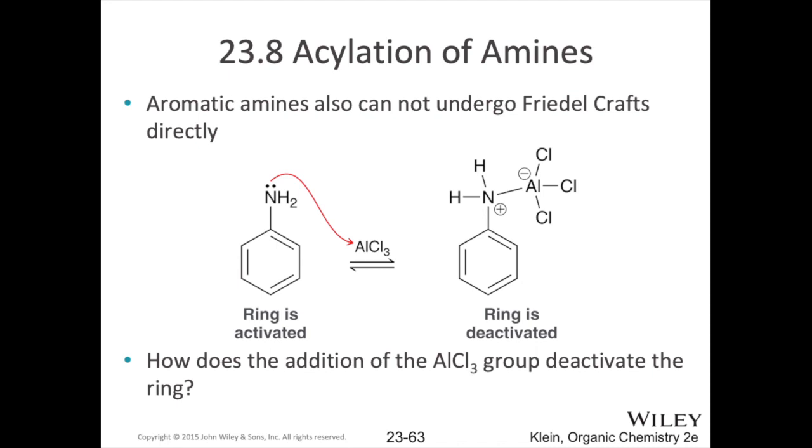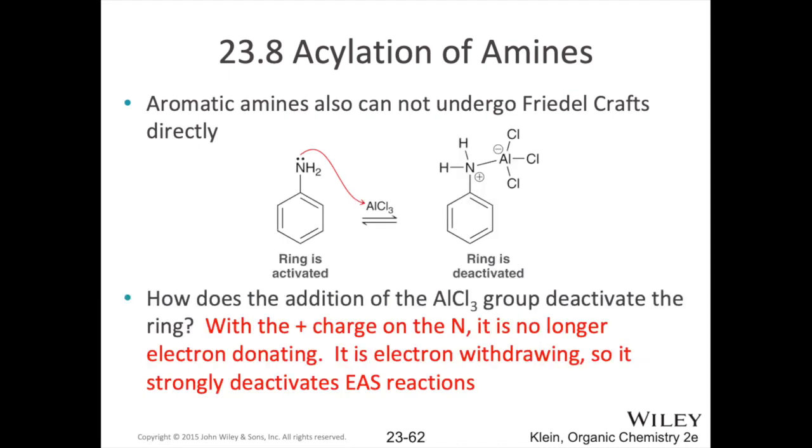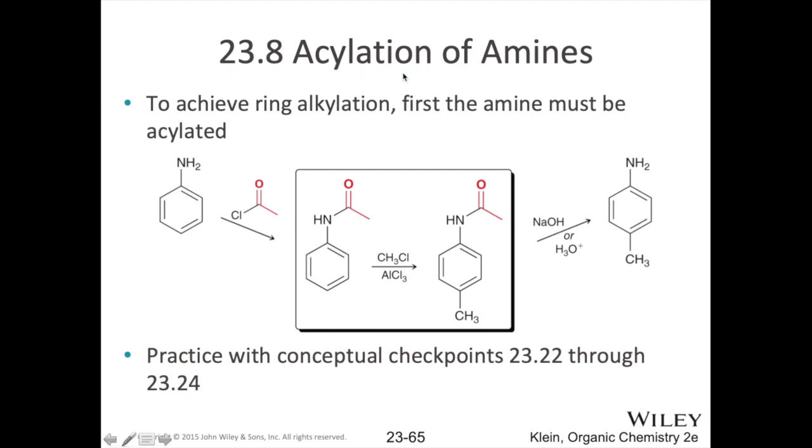So to get around this, we again can go via that acyl route. For example, if we convert that amine into an amide, this is still an activating group. Granted, it's not as activating, it's a milder activating group, but it's still an activating group.